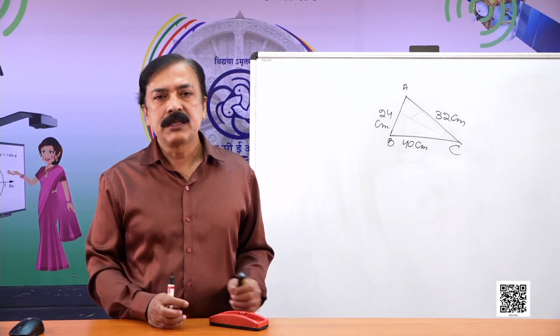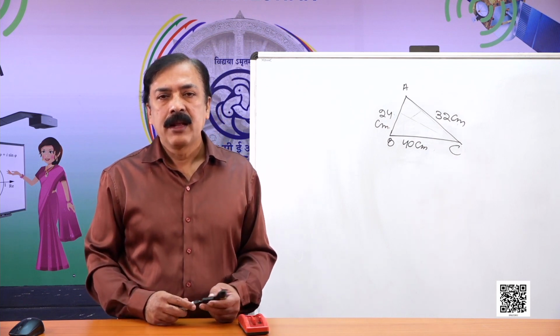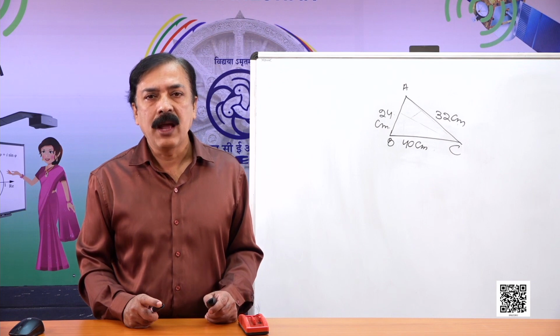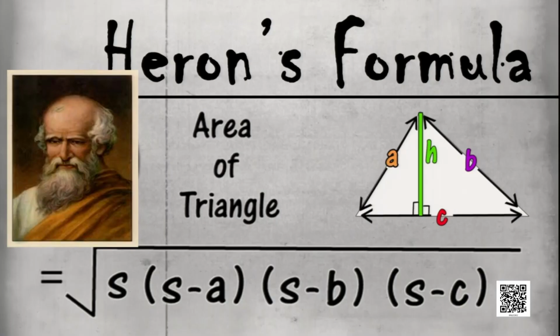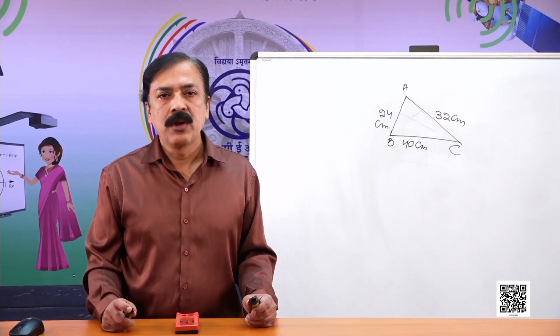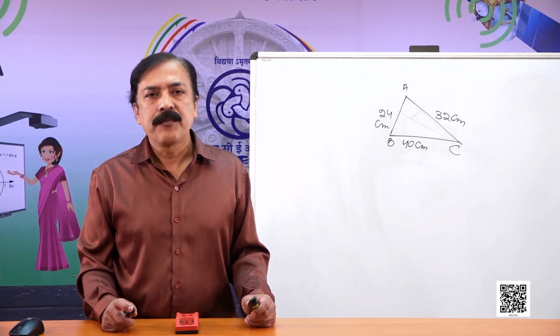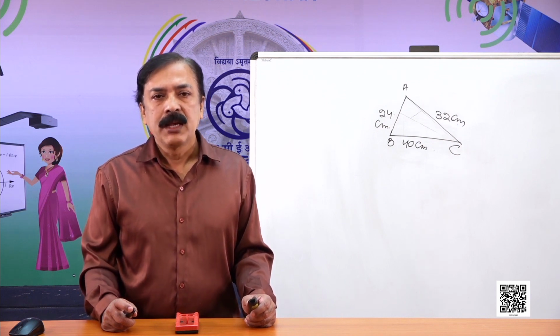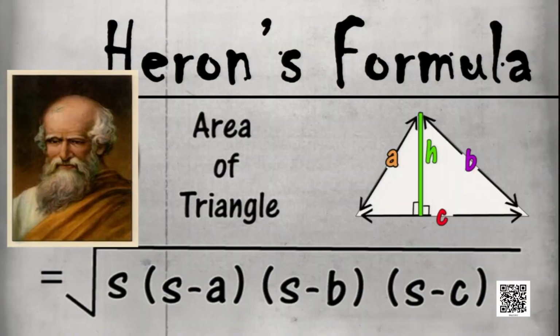So, this is done by the famous Heron's formula, which is discovered by the great Greek mathematician from Alexandria, Heron, who made immense effort and contribution to mathematics, and his formula says square root of s into s minus a into s minus b into s minus c.